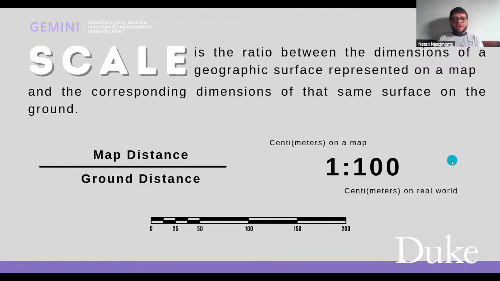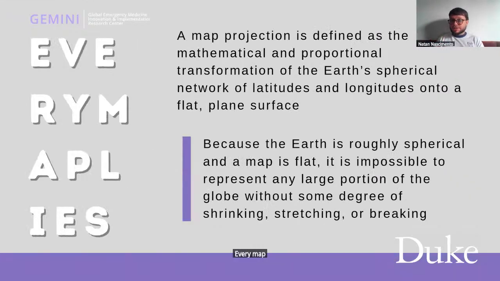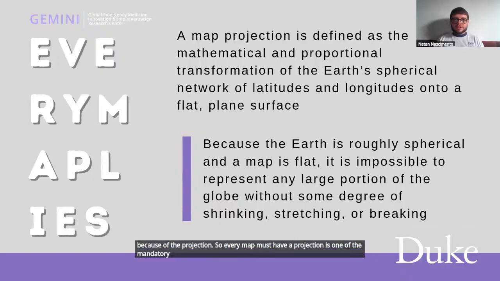And then we have this. Every map lies. All the maps lie because of the projection. So every map must have a projection, is one of the mandatory characteristics.